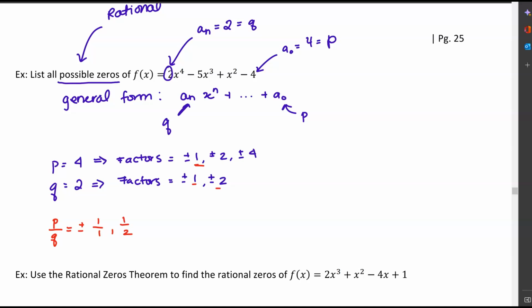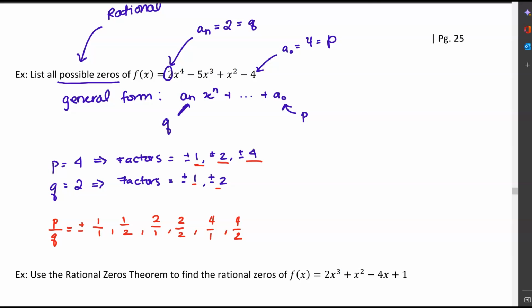And then what else could I have? Well, now let's start over here, 2 over 1. And then I could have 2 over 2. Okay, and now I'm over here. So then I could have 4 over 1. Or I could have 4 over 2. Okay. And those are really all the values.